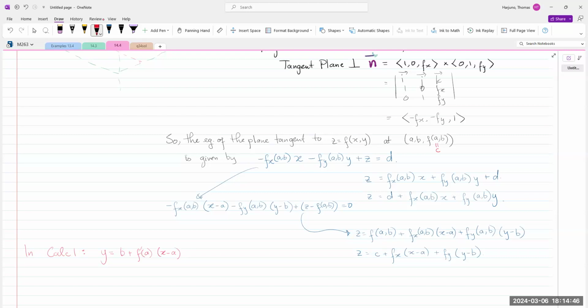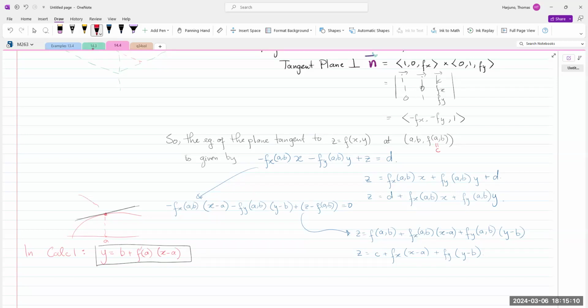If you have a curve, then the tangent line at coordinate (a, b) is given by this equation, where b is the y value at a.